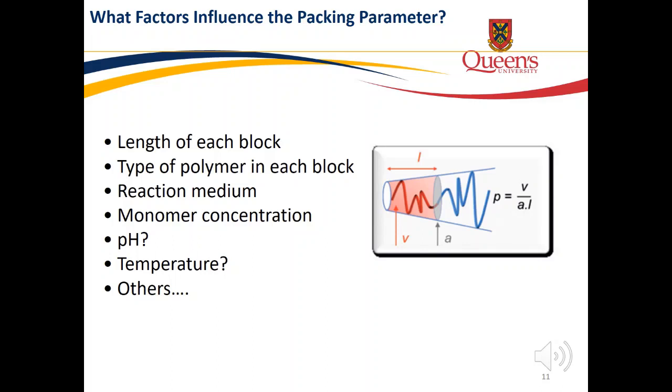So if you're using either acid or base type monomers, then the pH can become quite important. Temperature, and in particular, if you have any thermally sensitive materials that exhibit an LCST. And there may be other factors, but think of this as anything that can affect the conformation of that block copolymer and any of the three individual components that make up the packing parameter P.